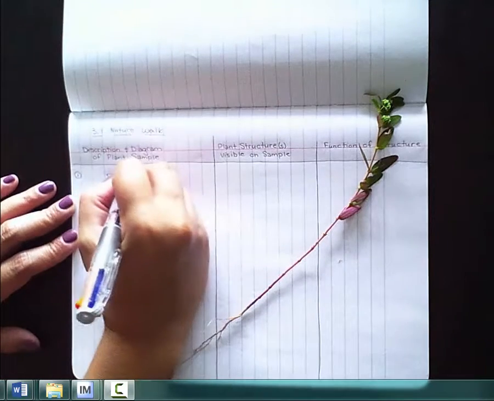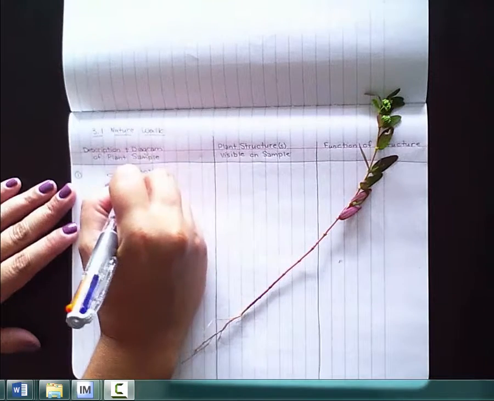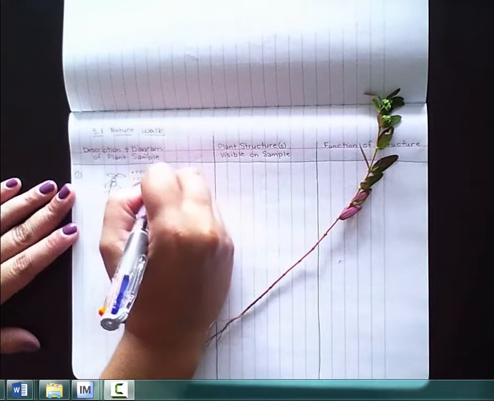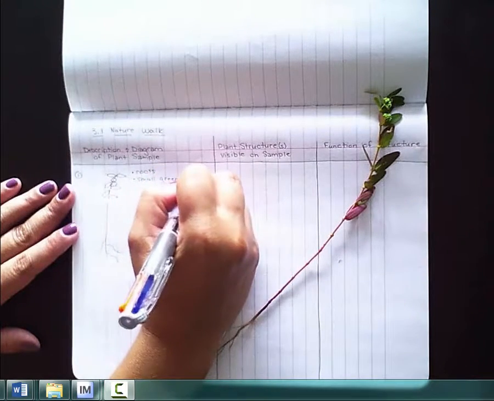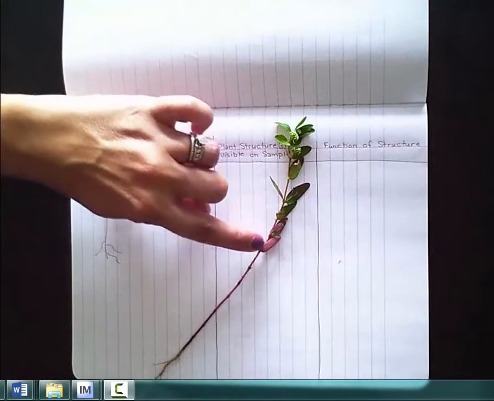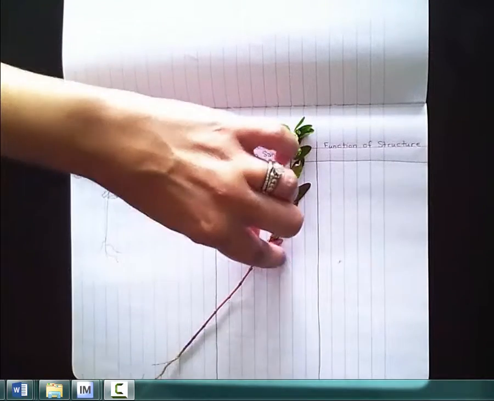So my quick description, I'm going to put that it has roots, small, green, and red leaves. I don't know if you guys can see that. They're kind of like a reddish, almost look purple on the screen, leaves.